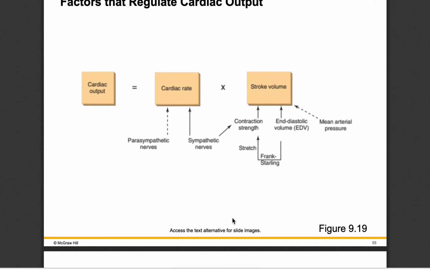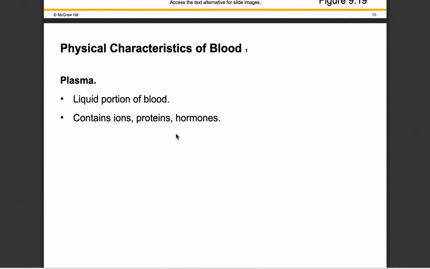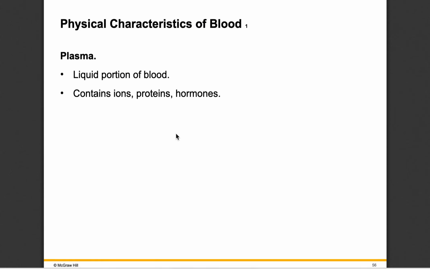You should be able to walk yourself through this equation and how different parts of this are affected. Cardiac output is a very simple equation of stroke volume times heart rate, but what are the things that control the heart rate, and what are the things that control stroke volume? You should be able to look at this as a good summary and explain what's happening here.